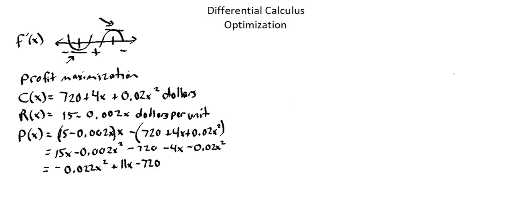In evaluating optimization problems, I want to go through a consistent process, 6 steps. My first step is diagram. In this case, I have a quadratic equation. The coefficient of x squared is negative, so this is opening down. And I have a y-intercept of negative 720. So I'll sketch my parabola.